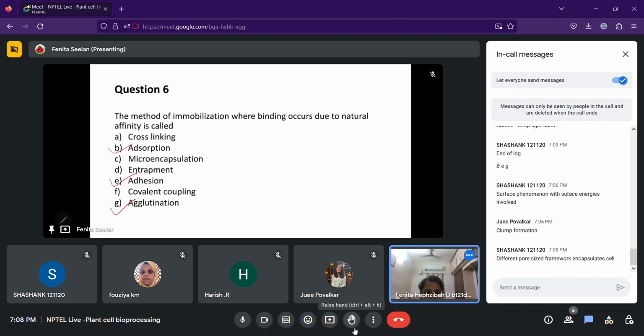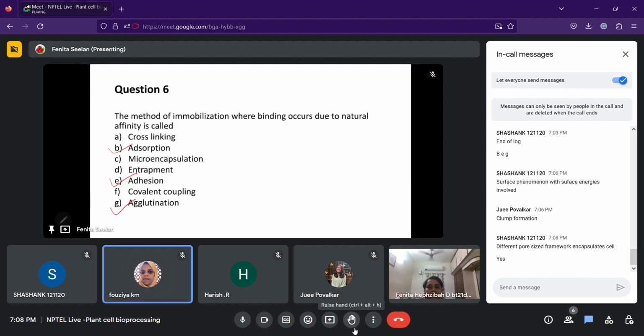Different pore size framework encapsulates cells. Okay. We can take calcium alginate method as an example. Can we consider calcium alginate beads, sodium alginate beads as an example for microencapsulation? Yes, of course.